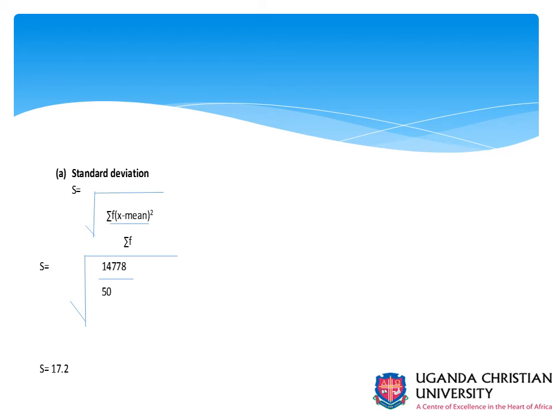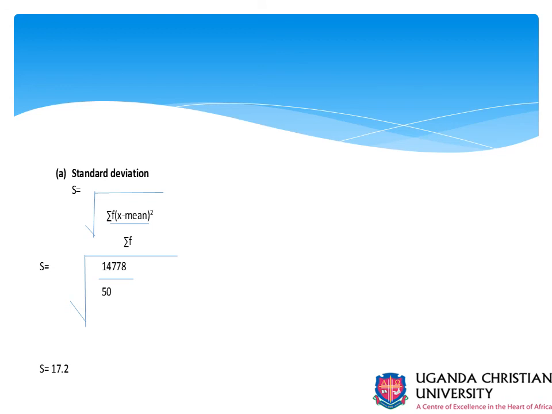When I took the sum of frequency times the squared deviations, I got 14,778, and then I divided by 50 and got my standard deviation as 17.2.